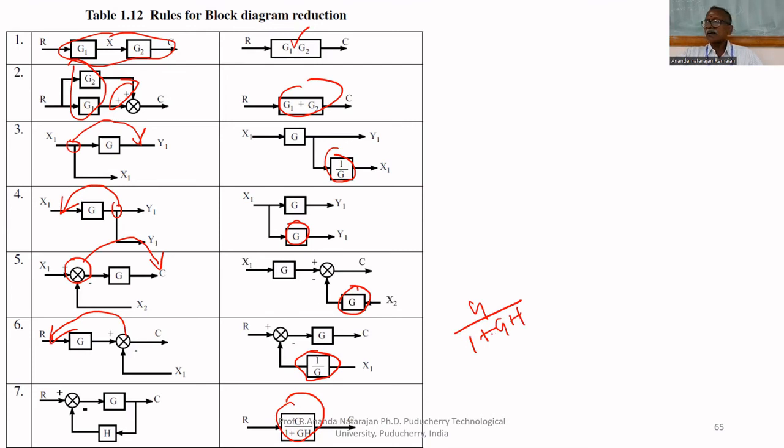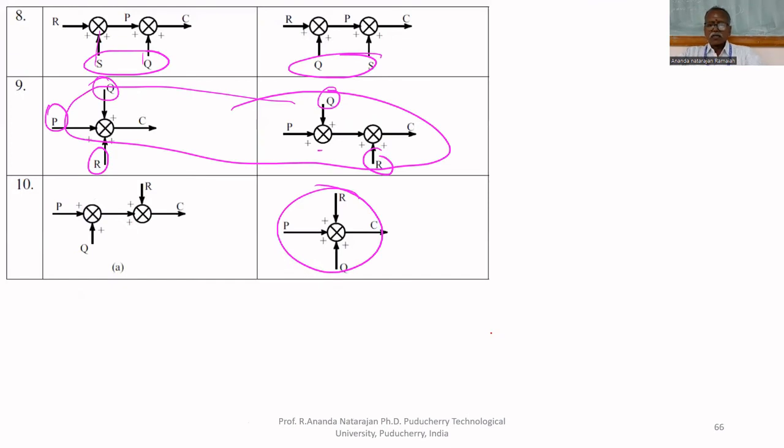If it is positive feedback, G upon 1 minus GH. That's all. Now, the supplementary rules are, you can combine these two summing blocks together, or you can separate the summing blocks. That is the additional rules.